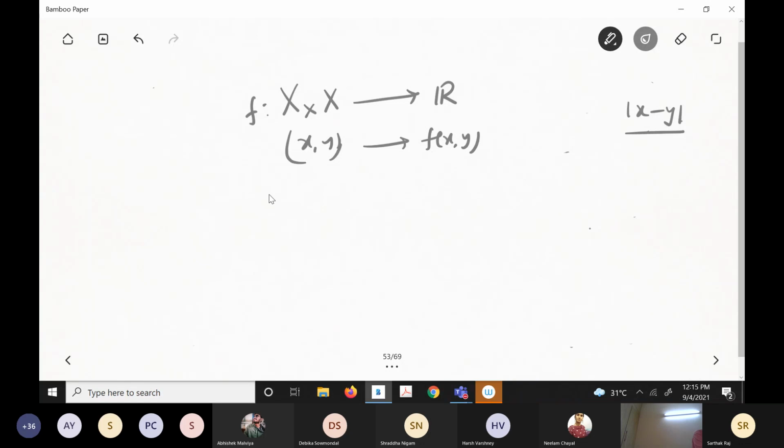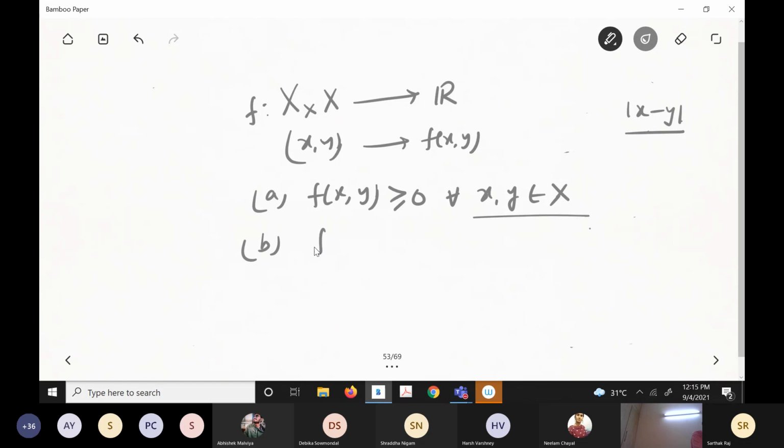A: f(x,y) is greater than or equal to 0 for all x, y belonging to X, meaning (x,y) belongs to X cross X. B: f(x,y) equals 0 if and only if x equals y.